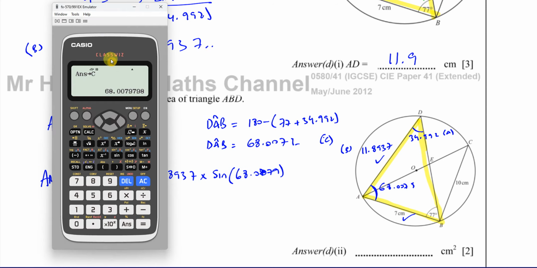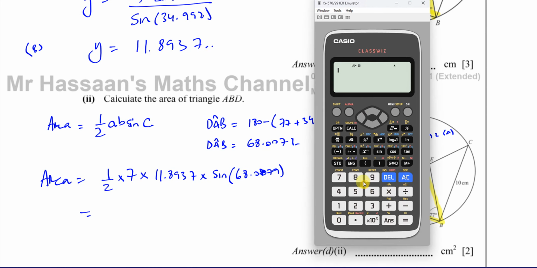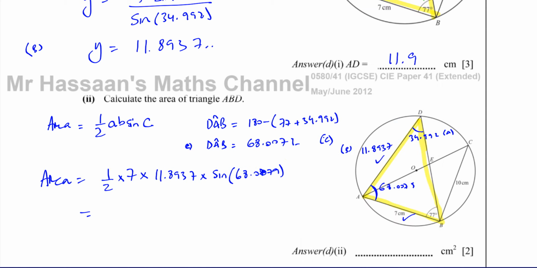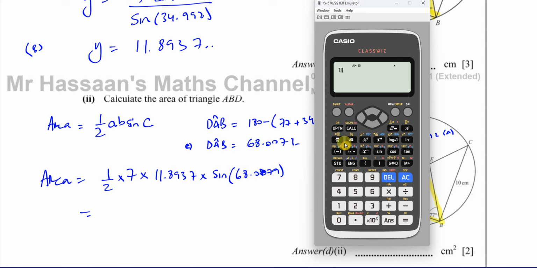So I'll have 1/2 times A, which is 7, times B, which is our B in the calculator as well. So I'll put alpha B, that's 11.8937, times the sine of the angle between them, which is our C. Okay, alpha C, that's going to give me the proper answer, which is 38.5989.